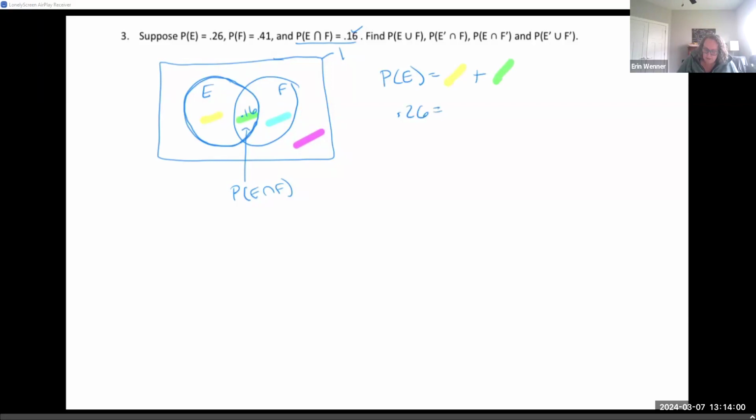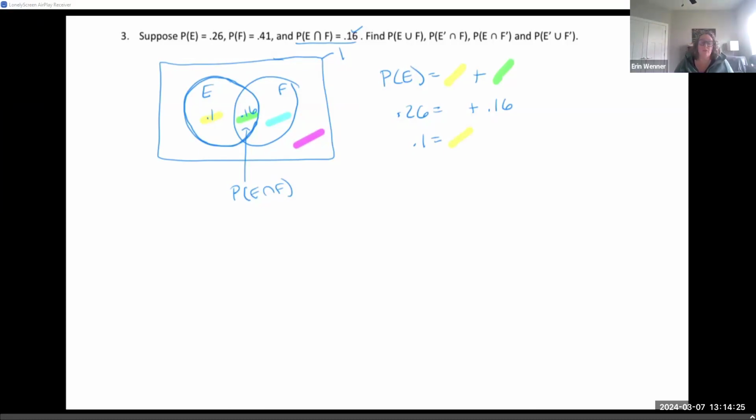We don't know what the yellow space is, but we do know that the green space is 0.16. So this gives you an idea of how you can work backwards and start filling these spaces in. So if we subtract 0.16 from both sides, we get 0.1 is equal to our yellow space. So we can go over to our drawing and put 0.1 right there.